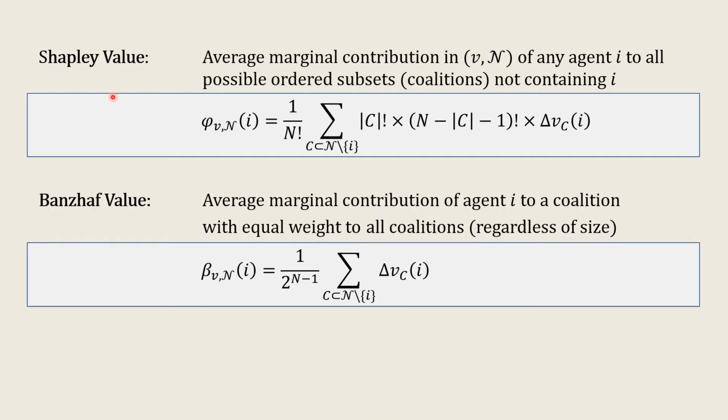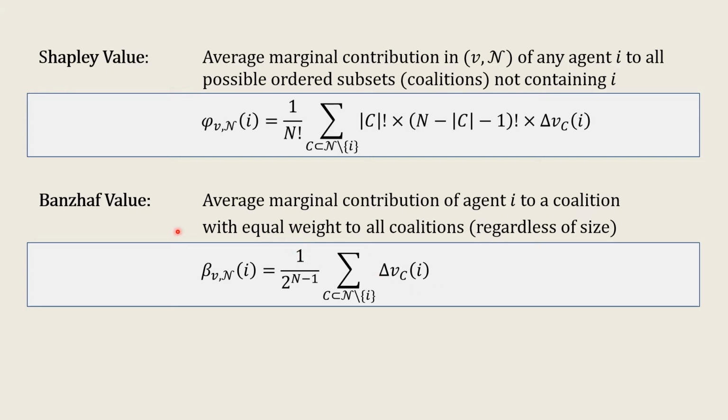Related to the Shapley value is something called the Banzhaf value, but the Banzhaf value doesn't weight the marginal contribution like the Shapley value does. So we don't consider ordered subsets here.